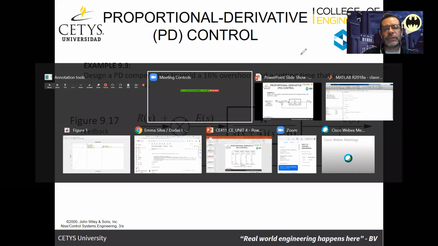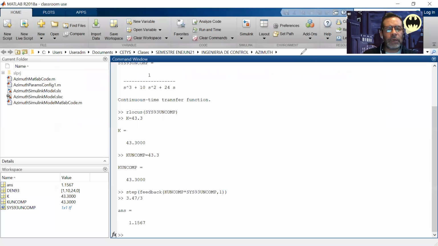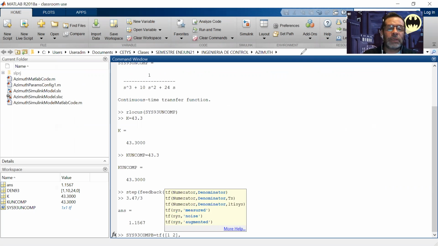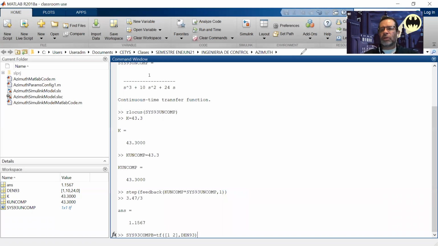So what I'm going to say is sys93 comp B is going to be equal to the transfer function, where for B the numerator is 1 and 2, I'm going to give it a value of 2, and I'm going to use the denominator, 93. I'm going to define them all together, and we'll see them all together directly.